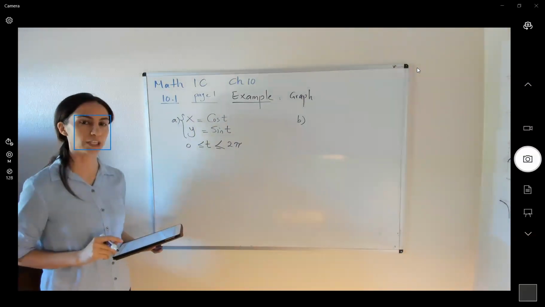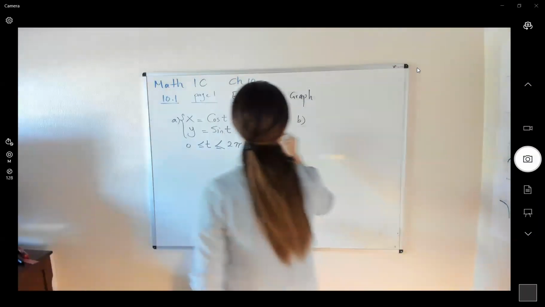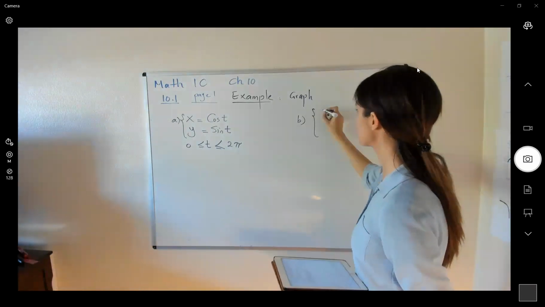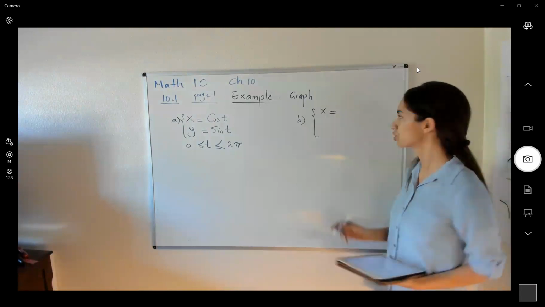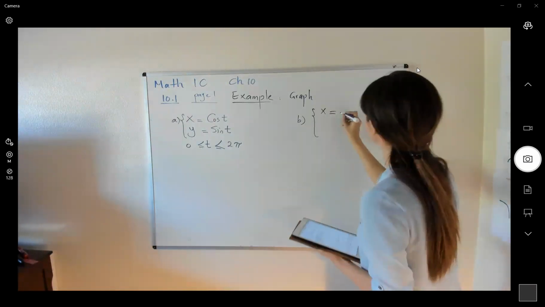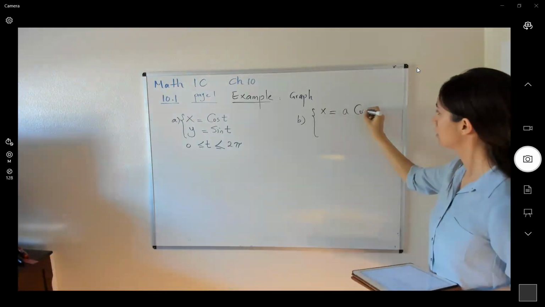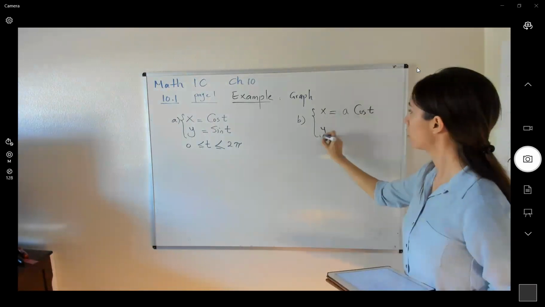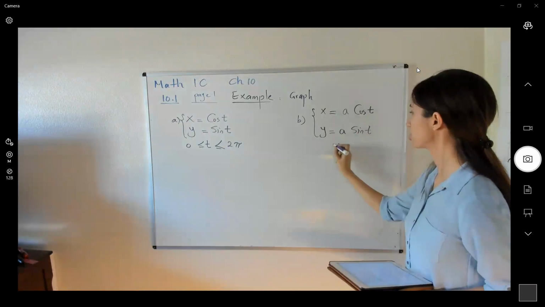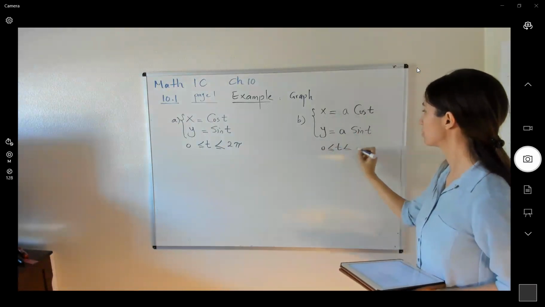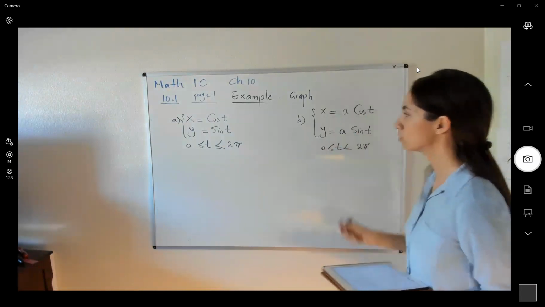So the parametric equations are given for part A. For part B, it says, now suppose you have new parametric equations, which is x equals a times cosine t, and your y is defined as a times sine t, with t ranging between 0 to 2 pi.